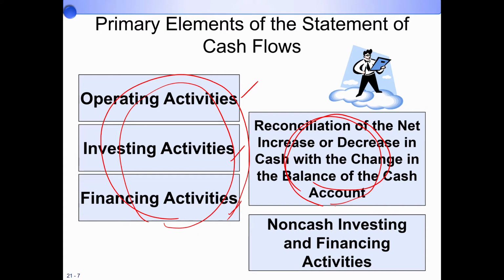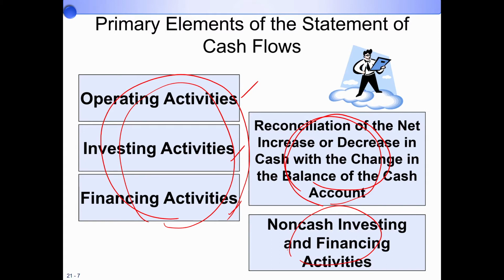The last element here we call non-cash activities. Non-cash activities are those activities without cash impact. We're going to talk about that later. Let me just give you an example. We purchased equipment, but we didn't make cash payments. Instead, we signed a note to promise to pay them in 5 years, for example. So the journal entry is a debit to equipment, credit to notes payable.